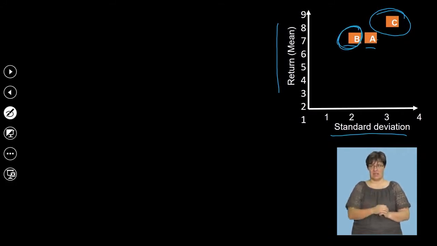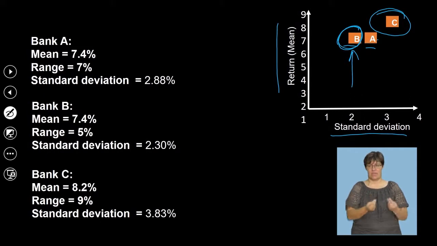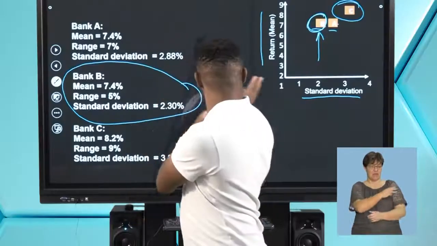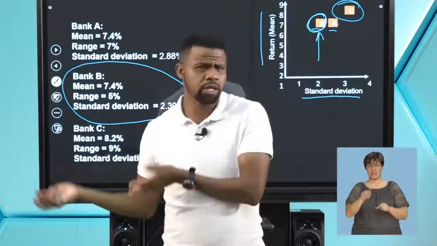Between A and B, I wouldn't take A because they give the same return. They give the same return, but B is lower risk. Are we together? So this is what we have in summary. Bank B is the best that the hedge fund manager must take, because A and B have the same return, but B is lower risk. Why would you want to take A?